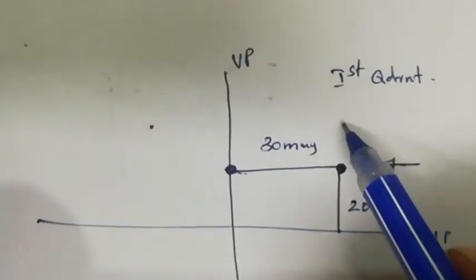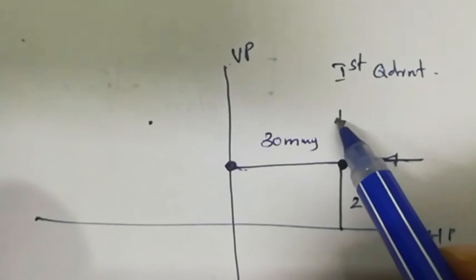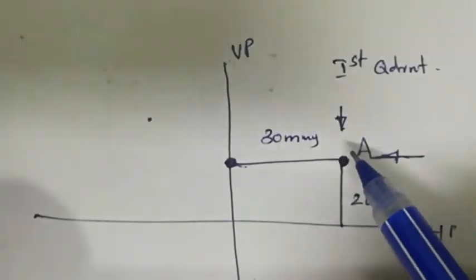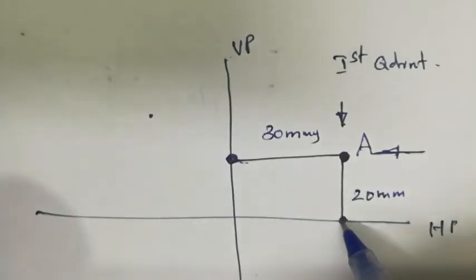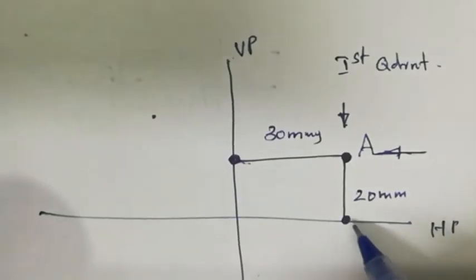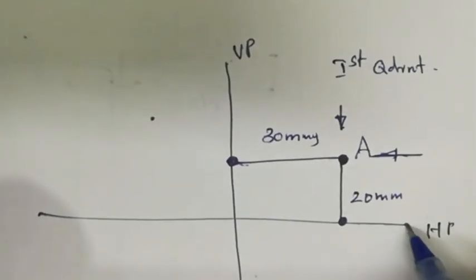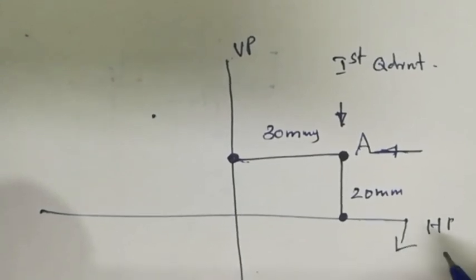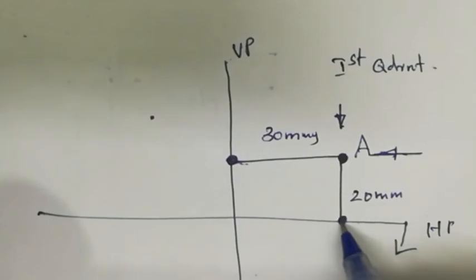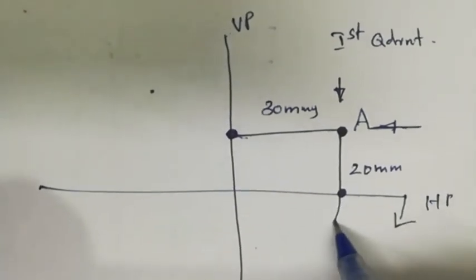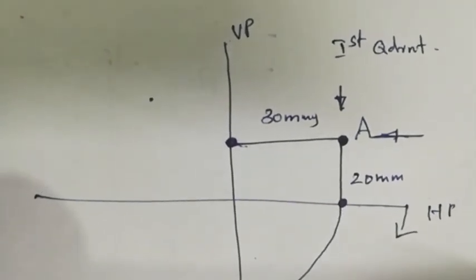Now for obtaining the top view, we will be looking from the top, just above at an angle of 90 degrees, just above the point, so that we will get its plan or top view on the horizontal plane. Now this horizontal plane has to be rotated in the clockwise direction, so that this point will be moving to here.